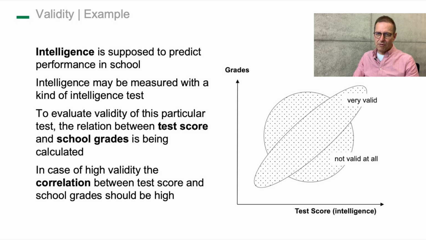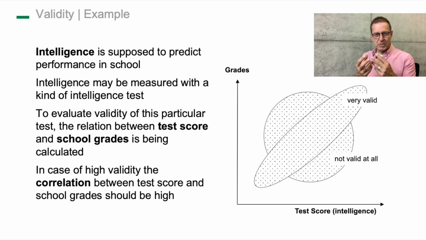Now assume the following. Let's assume the correlation would be close to 0. What would that mean? That would mean that intelligence would by no means predict performance in school. But since performance in school is assumed to be related to cognitive performance, thinking, learning, that would be a surprise.